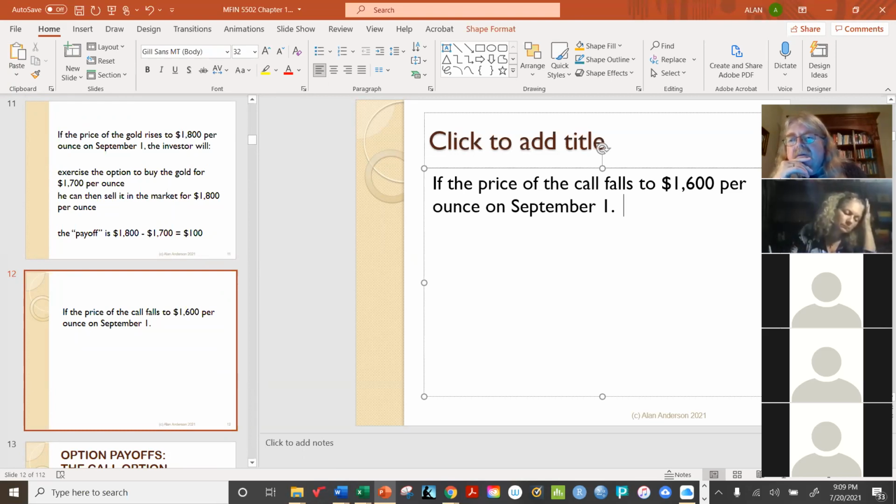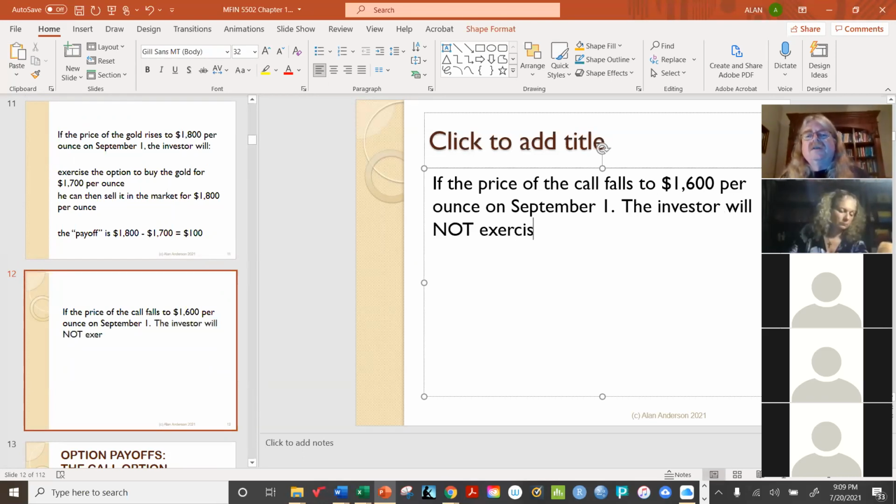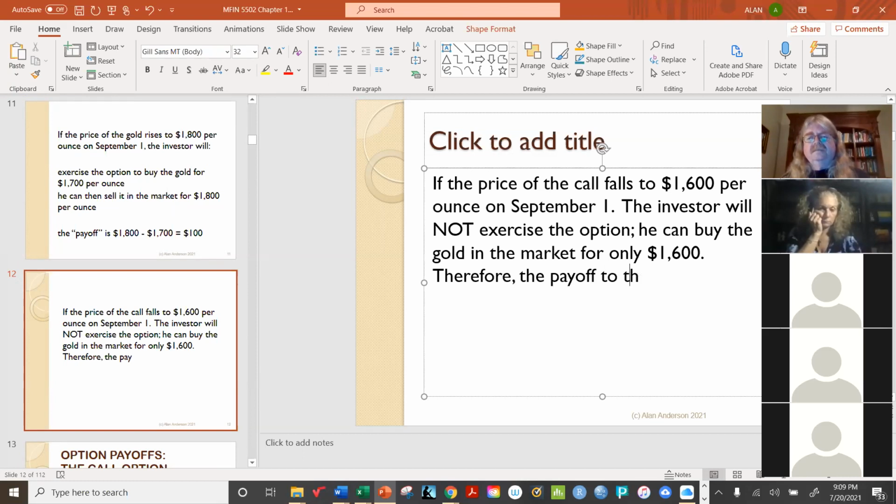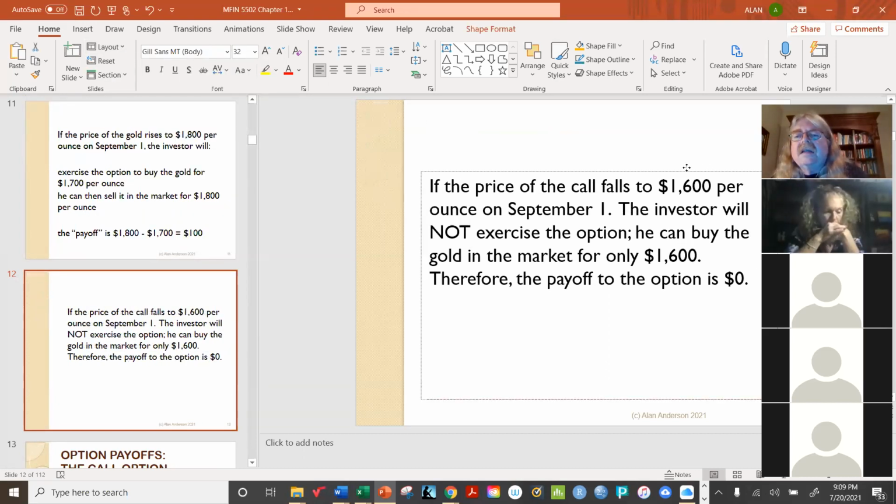And the answer is no. Why would he pay $1,700 per ounce when it's only selling for $1,600? So the investor will not exercise the option. He can buy the gold in the market for only $1,600. Therefore, the payoff to the option is zero. So two things can happen.